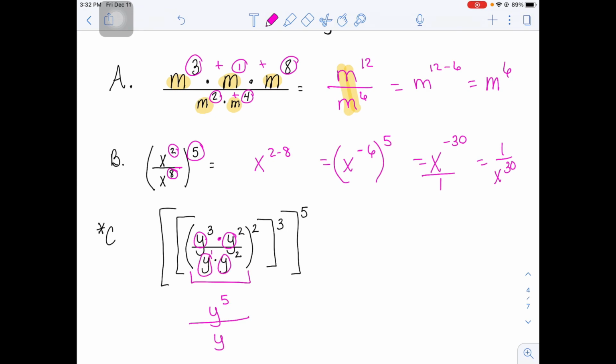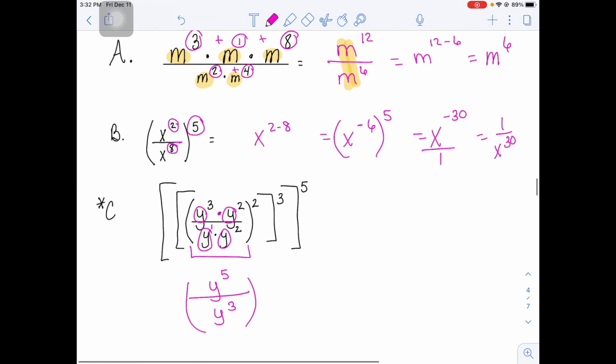And remember, we have an exponent of 1 there if we don't see it, so we have 1 and 2, and we get 3. Okay, so now we've simplified the numerator and denominator. Now let's simplify the whole fraction. So we're going to go ahead and keep our base, and 5 minus 3 gives us y to the 2nd. So now we have simplified what is all in here as y to the 2nd.